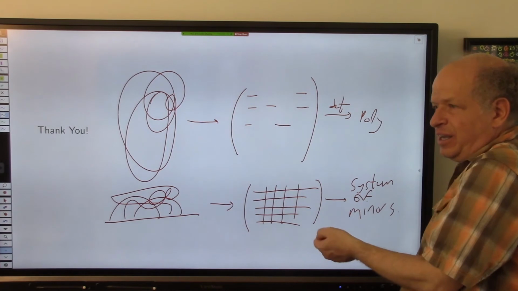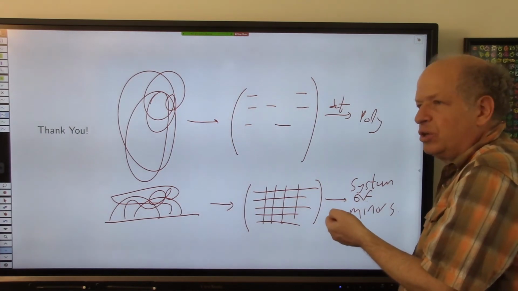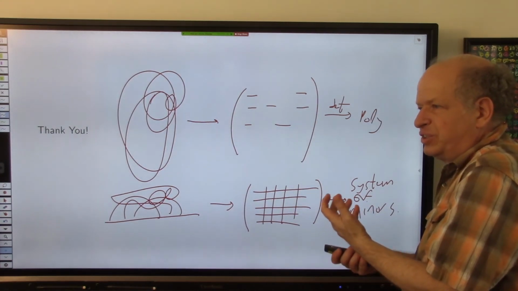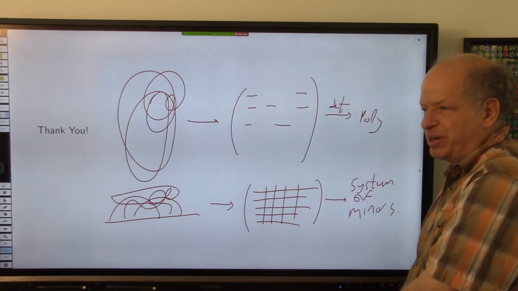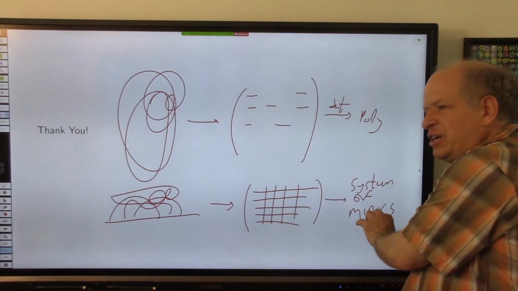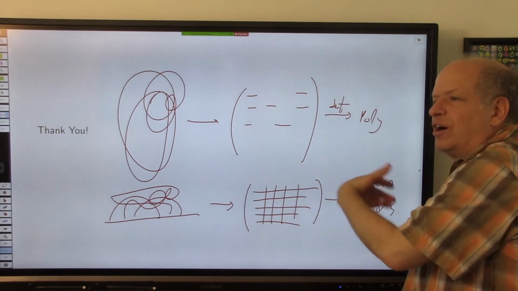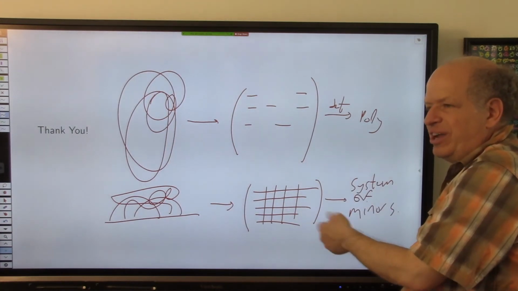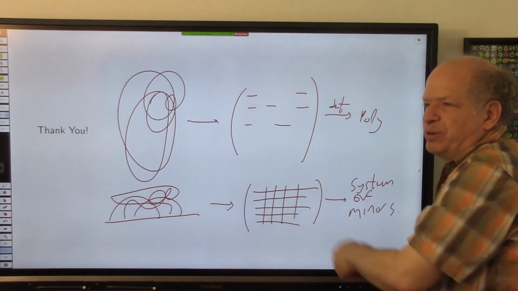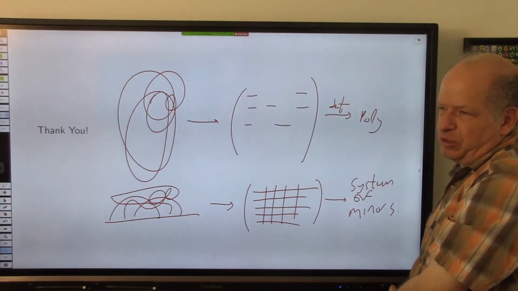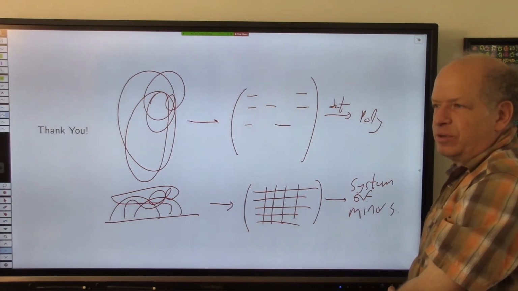And that at the end amounts to, they correspond to choices of things in the exterior algebra. So basically these minors become the coefficients of expressions in the exterior algebra, and these are the expressions that I've been talking about. So, thank you.